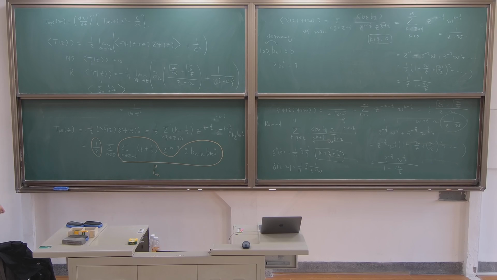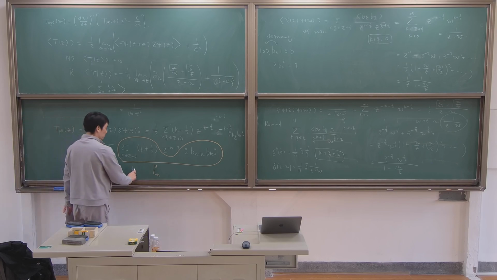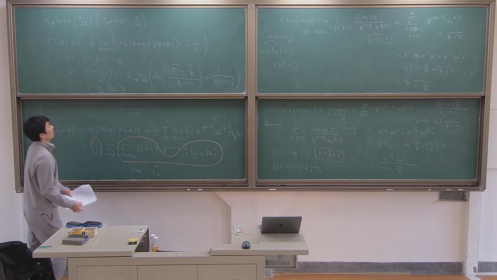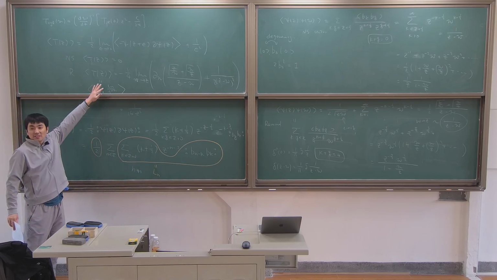When n is equal to 0, because it affects the boundary condition, you have to be careful. The boundary can affect L0, how L0 acts on it.